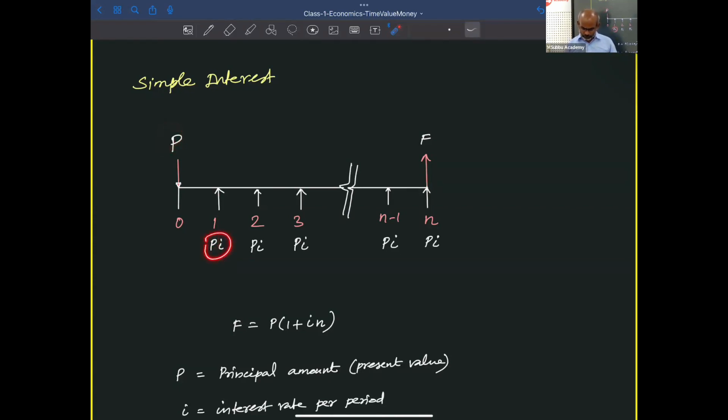P multiplied by I is the amount of interest you have to pay for the principal you have taken. So this interest is a constant for every period. So your F will be F equal to P into 1 plus IN. I is the fractional interest rate, N is the number of years.